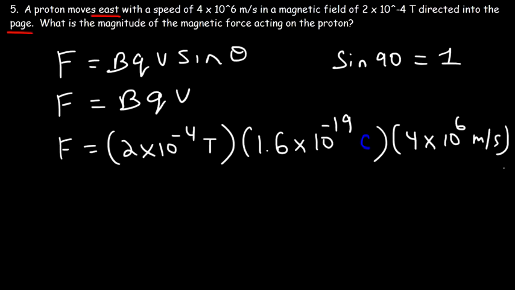So we just got to multiply these three numbers. And so you should get 1.28 times 10 to the minus 16 newtons. So that's the magnetic force acting on the proton.